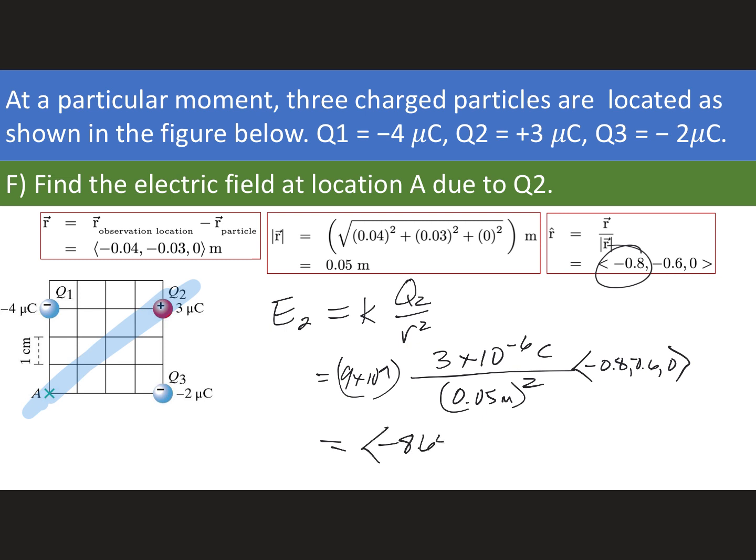Negative 8.64 times 10 to the 6th, negative 6.48 times 10 to the 6th, nothing in Z, newtons per coulomb. So not difficult math, but minimally tedious.